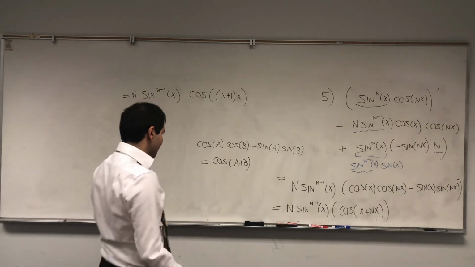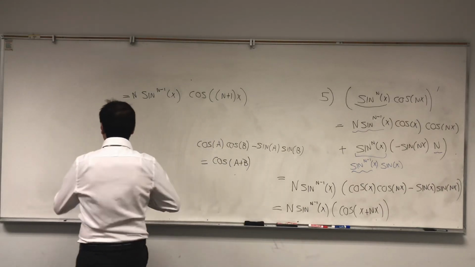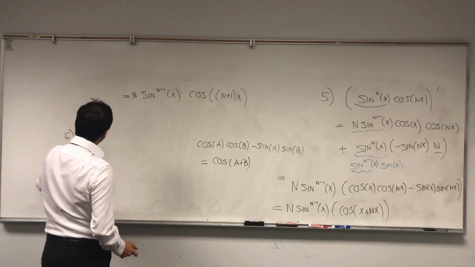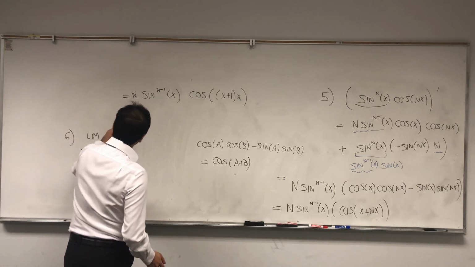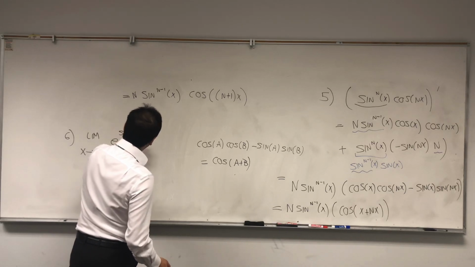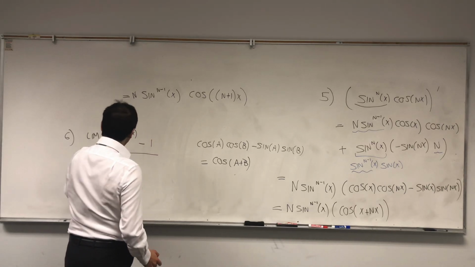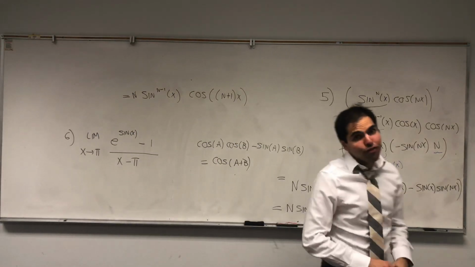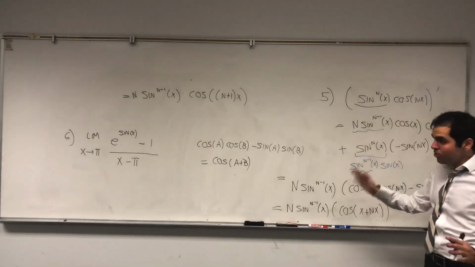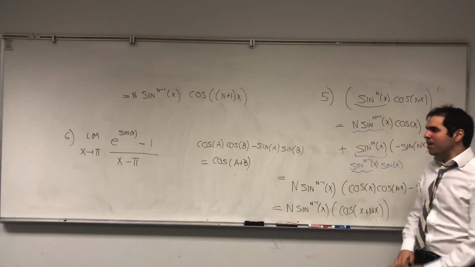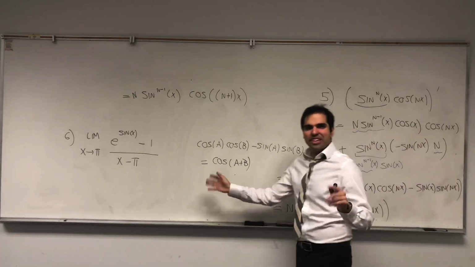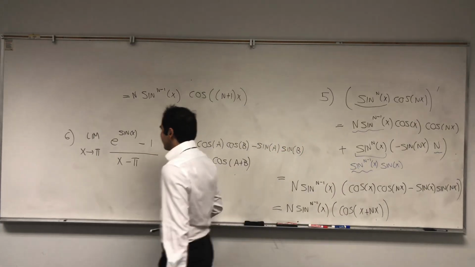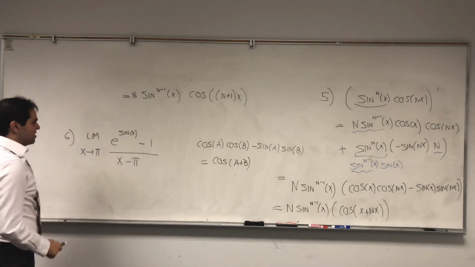So that's great. And last but not least, also a very interesting limit. The limit as x goes to pi of e to the sine of x minus 1 over x minus pi. Now, of course, if you know L'Hopital's rule, you can do it with L'Hopital's rule, but it's not fun. And also, strictly speaking, in this section, we don't know L'Hopital's rule yet. So let's see how to figure this out.